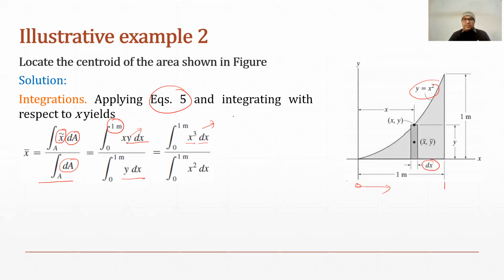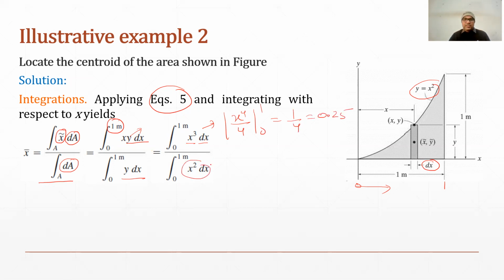So in this case, our solution will be x to the power 4 by 4 in the bracket, and the limit is 0 to 1. So ultimately we get 1 by 4, which equals 0.25.